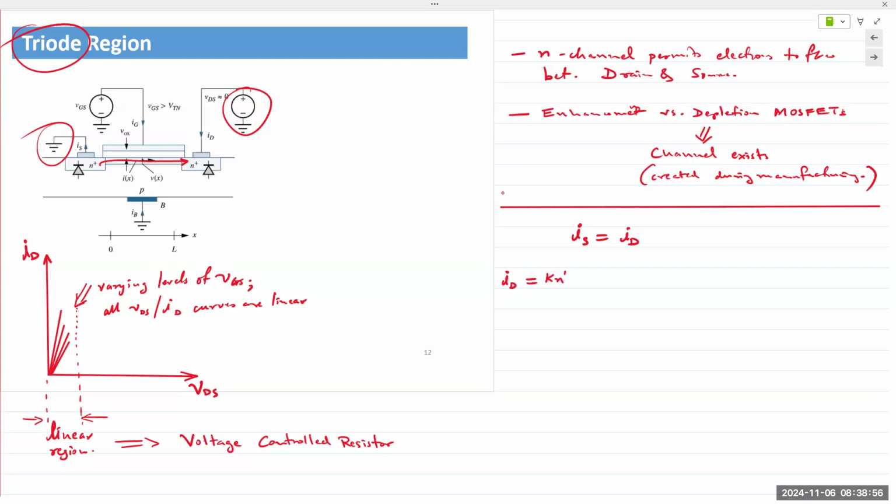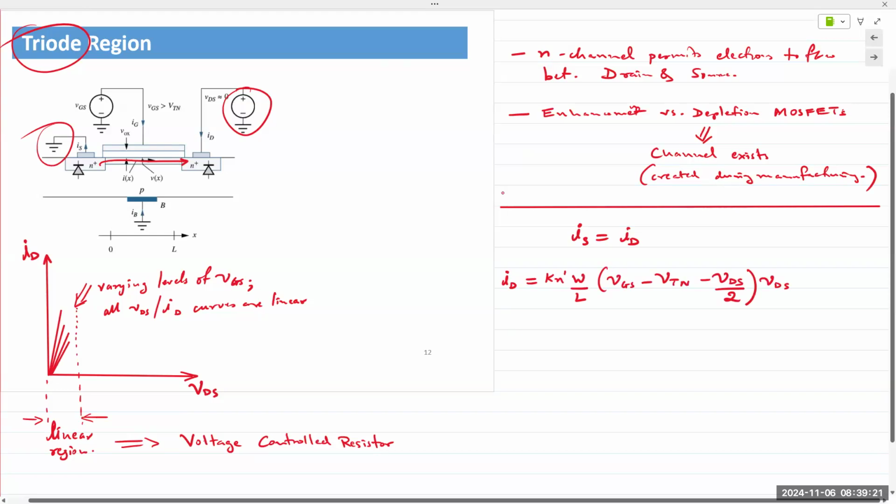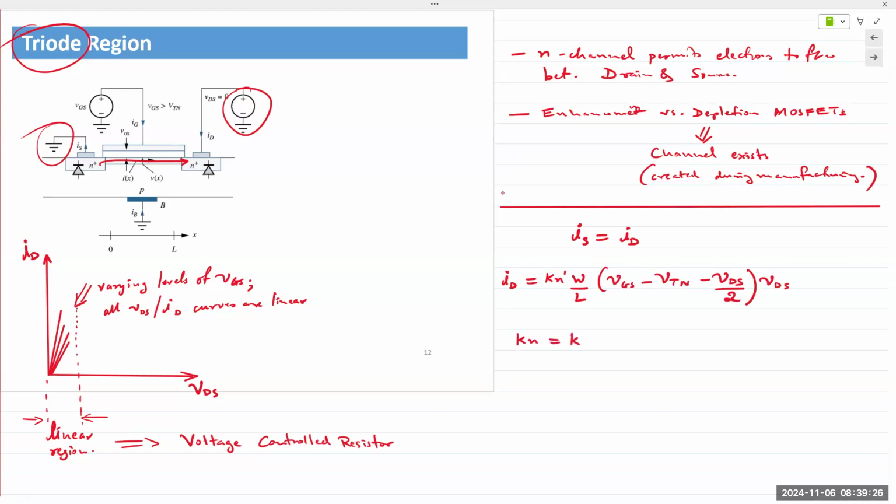First is Kn prime, times VGS minus VTN minus VDS over 2, times VDS, where we can simplify it further by writing it in terms of Kn.